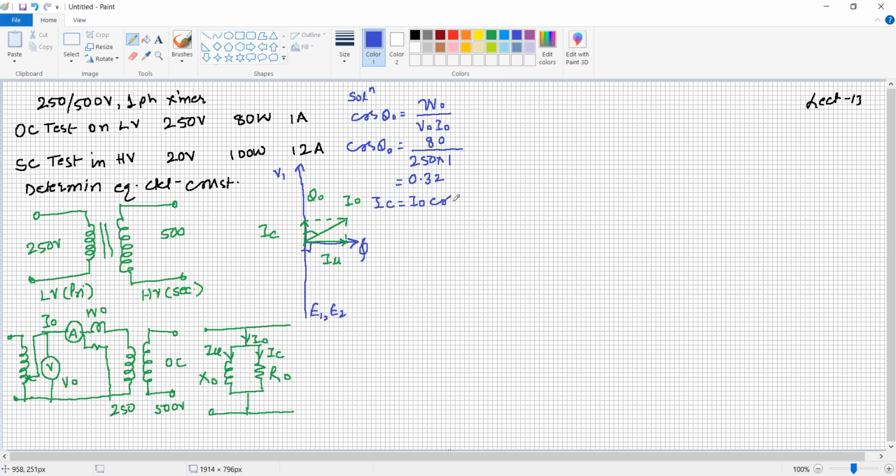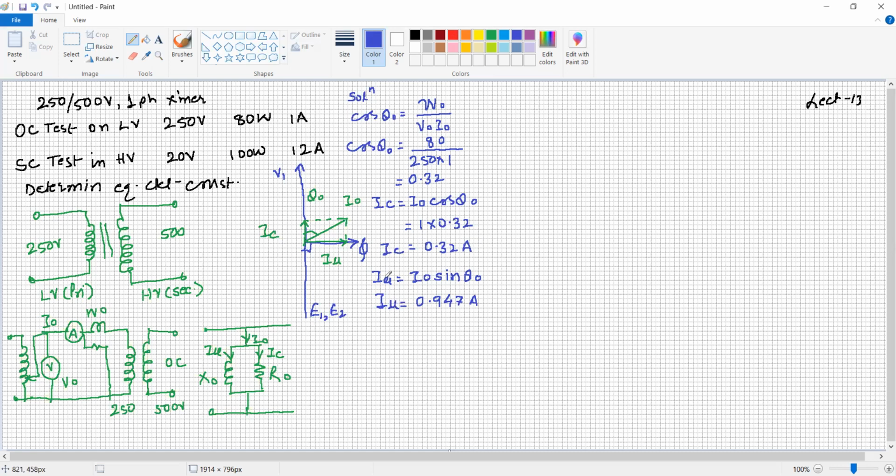Okay. So now IC is equal to I0 cos of theta 0, which is equal to 1 multiplied by 0.32, so it is 0.32 ampere. This is one parameter, this is IC. Now I mu is equal to I0 sine theta 0, which is equal to 0.947 ampere.